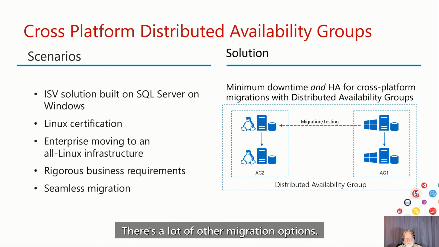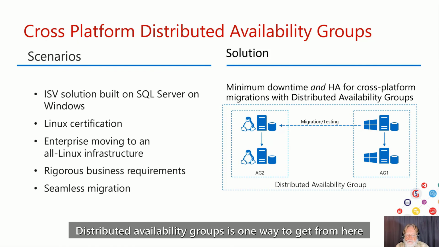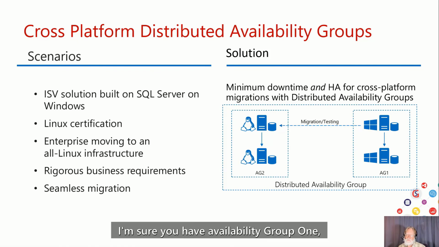There's a lot of other migration options. Microsoft offers services to help you with these migrations. Distributed availability groups is one way to get from here to there. So you have availability group 1, which is a Windows cluster, and AG2 is your Linux cluster.